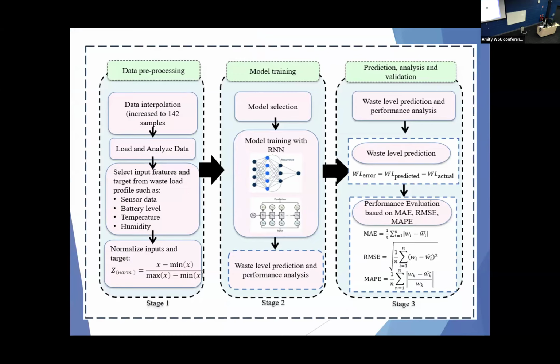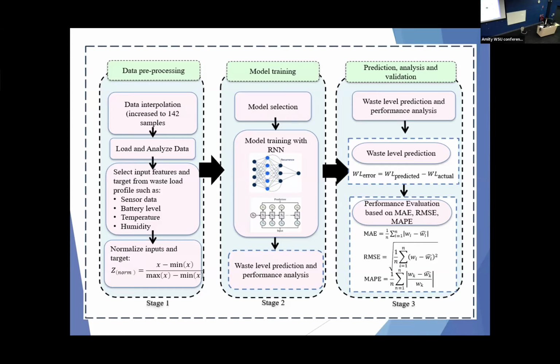We structure the process into three stages. Stage one is data pre-processing. We expanded the data set using interpolation, collected sensor data such as accelerometer, proximity, ultrasonic, temperature, humidity, and battery voltage, and also normalized inputs. Next, stage two is model training.